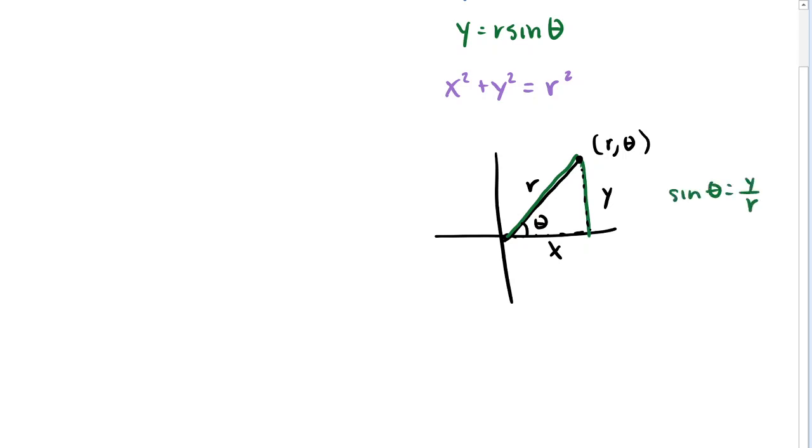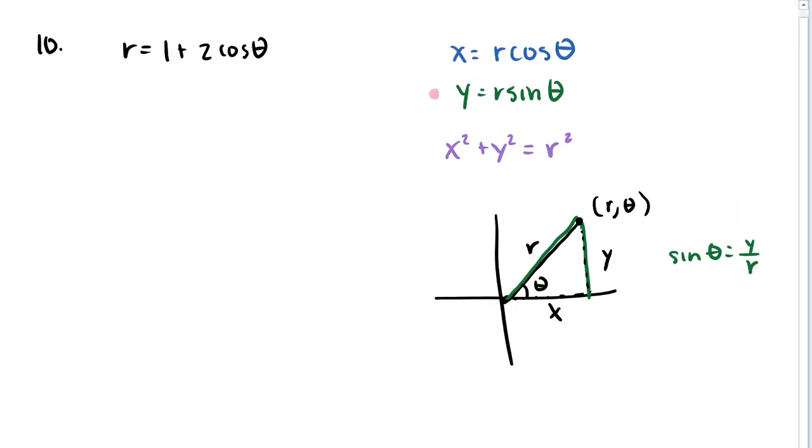And if we multiply both sides by r, we get the relationship y is equal to r sine of theta. And we could do the same thing for x. Cosine of theta is equal to x over r. Multiplying both sides by r gives us this relationship here. And then this relationship, x squared plus y squared is equal to r squared, is just the Pythagorean theorem. Right, so this is how we can go back and forth between x's and y's and r's and thetas.